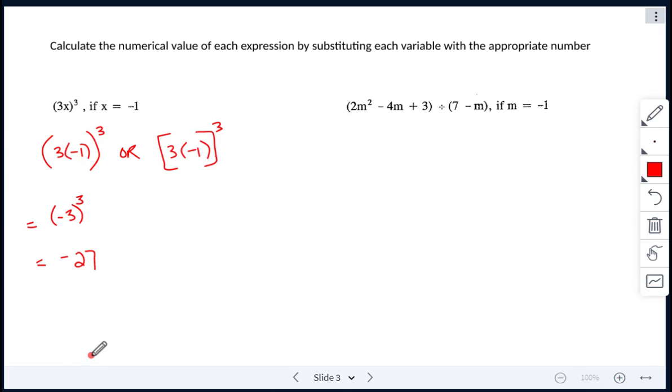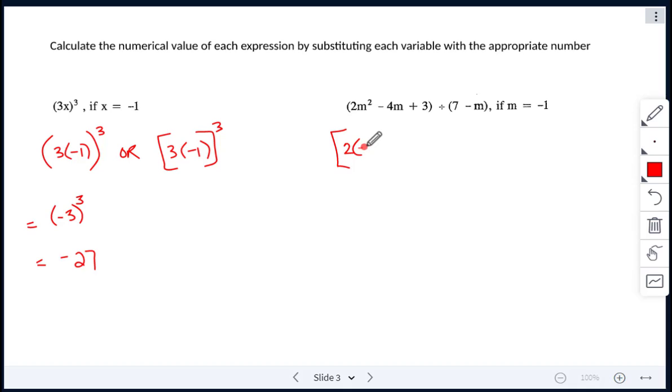Okay, so next question, we have 2m squared minus 4m plus 3 being divided by 7 minus m, and we're told that m is equal to negative 1. So everywhere we see m, we have to replace it with negative 1. So let's go ahead and do that. Probably a good idea to open up the square brackets here and then replace with the round brackets.